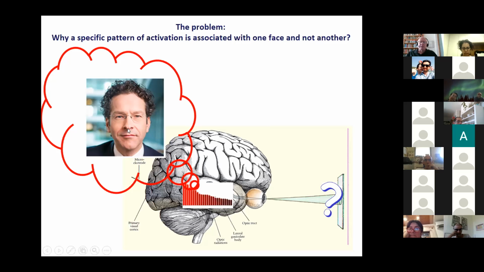We know that this face is associated with a specific pattern of activation, this profile. But the question is, why this profile? What is the logic, or what is the reason that this specific profile is eliciting this face and not another face? Why might this profile not elicit an image of a frog? Why specifically this face? What is the information? What are the rules that determine that this pattern will lead to the percept of this image in our mind?